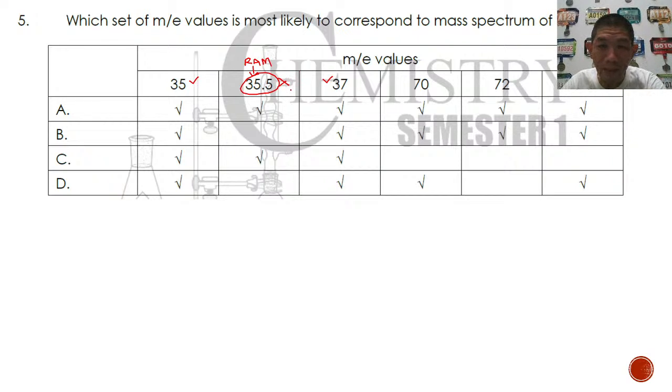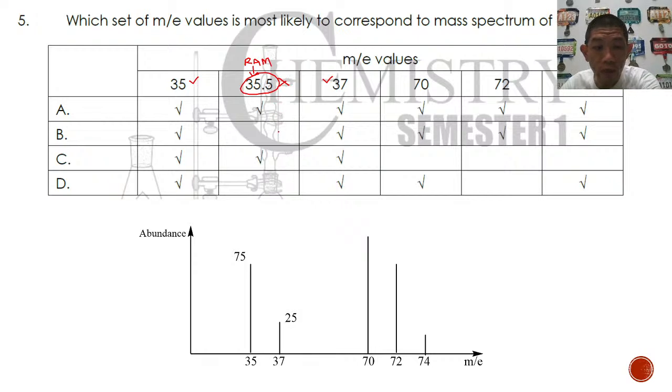Okay, so what is the best set for chlorine? I'll show you the mass spectrum of chlorine. In here you have Cl35 plus, whereas here you have Cl37 plus. And what makes m over e equal to 70?